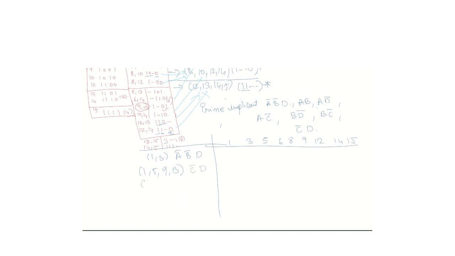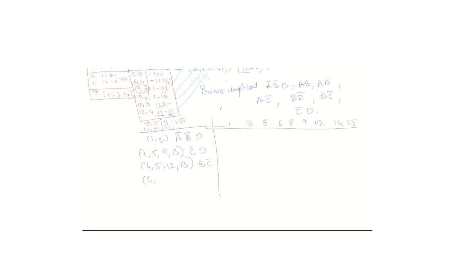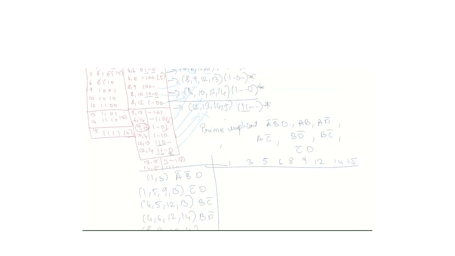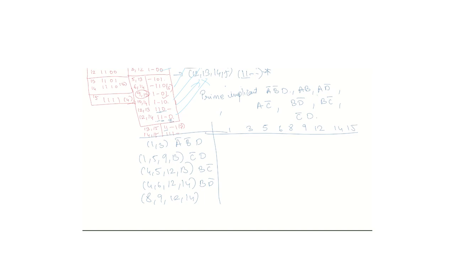Then 4, 5, 12, 13 is BC bar. 4, 6, 12, 14 is BD bar. 8, 9, 12, 14 is AD bar, and 12, 13, 14, 15 is AB.